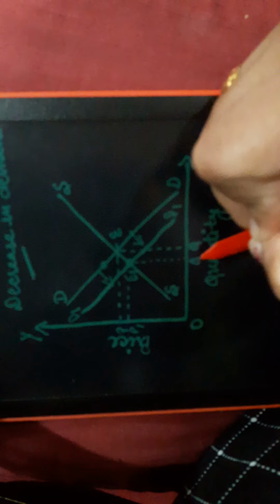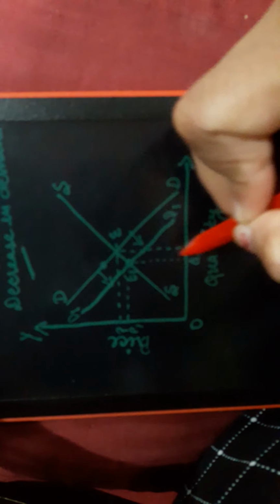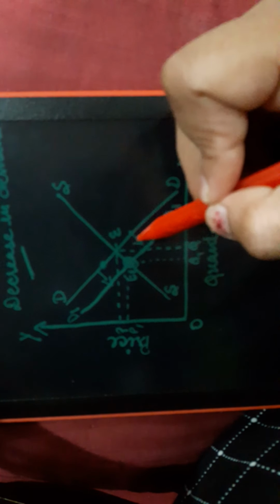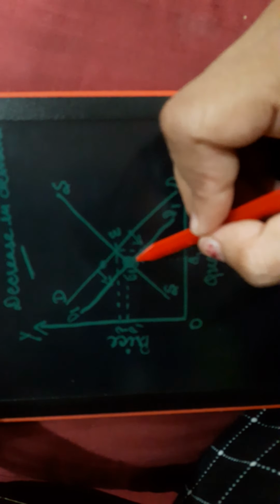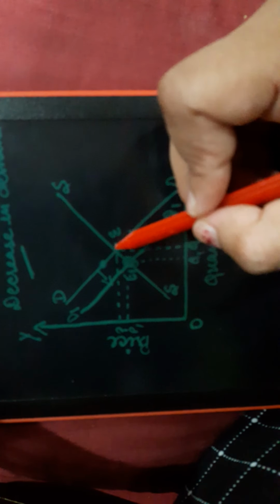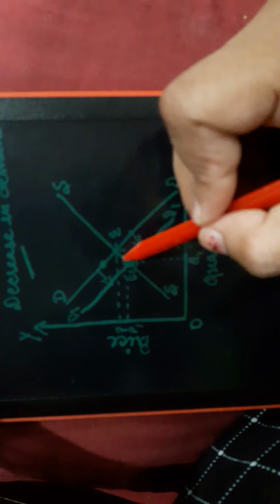With the decrease of demand, where demand and supply are equal, this would be the new equilibrium point. It is also shifted, and the price would be another price, and the quantity will also be a new one. So this is how the decrease in demand affects the equilibrium price.